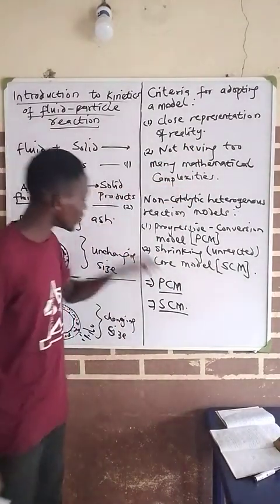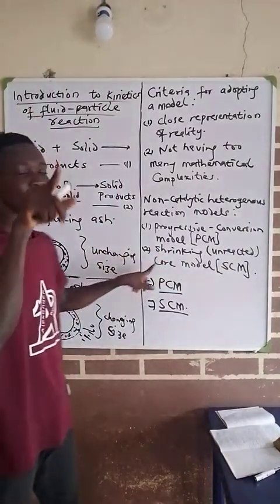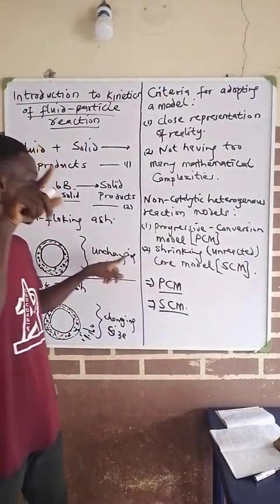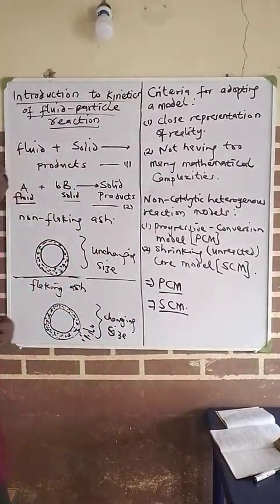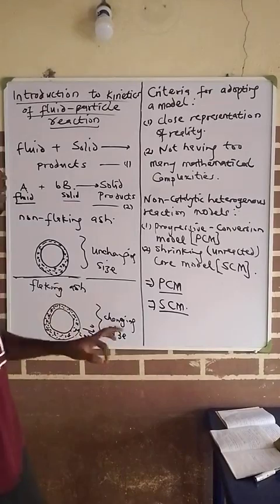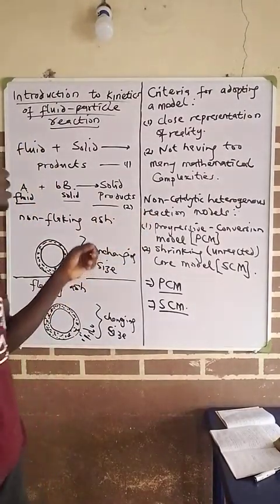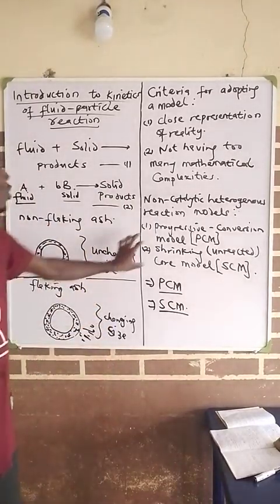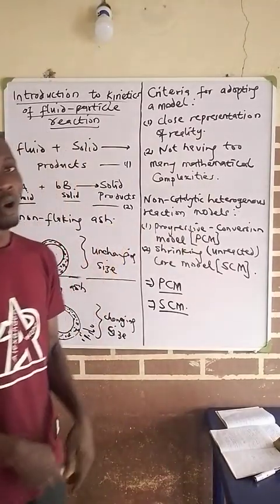So you will notice that the shrinking core model represents reality more, and for that reason you will agree with me that this will fly above this. That is the reason why in our derivation we are adopting SCM, the shrinking unreacted core model.